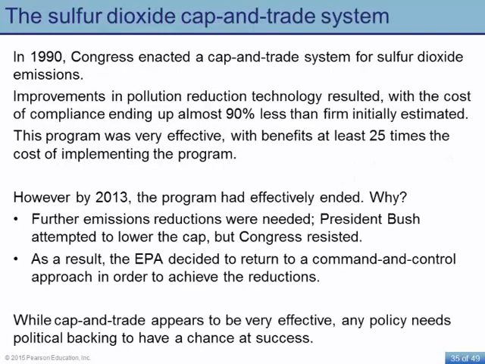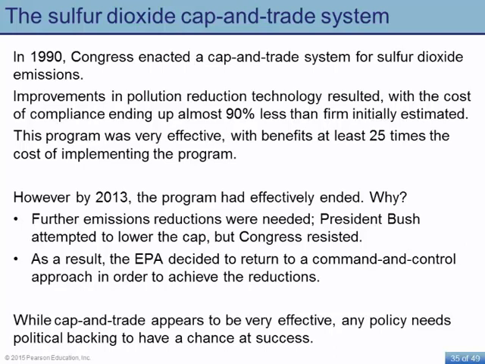Another example of a cap-and-trade system of tradable permits was set up by the United States Congress to reduce sulfur dioxide in 1990. As a result of this market-based approach, technological improvements to pollution reduction ensued, reducing the actual cost of compliance by 90%, from an initial estimate of $7.4 billion to only $870 million.